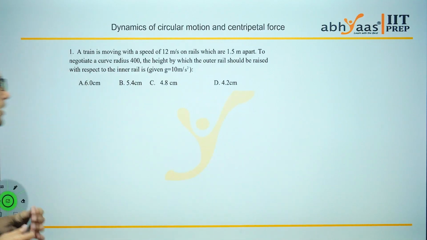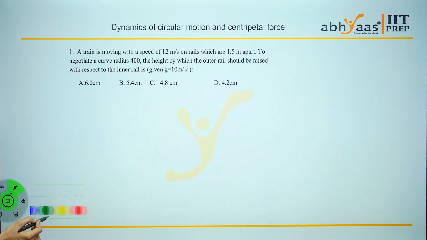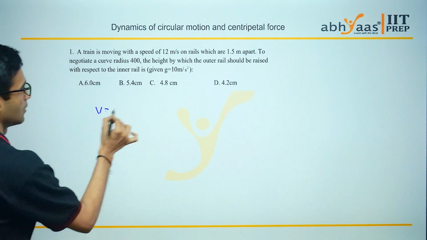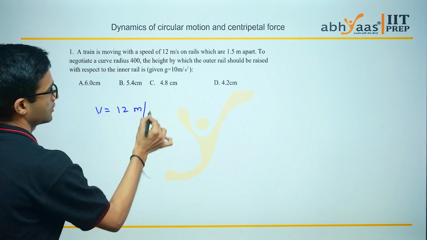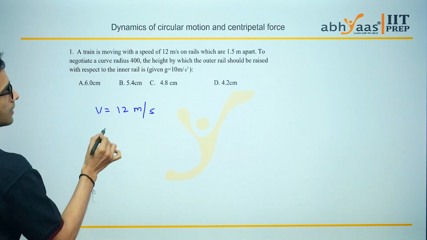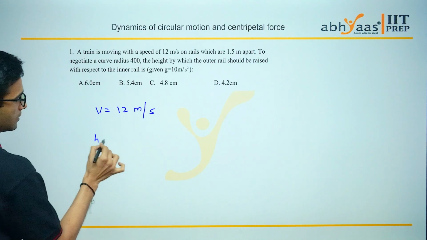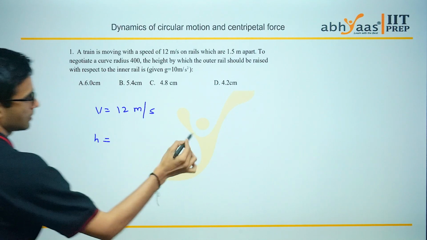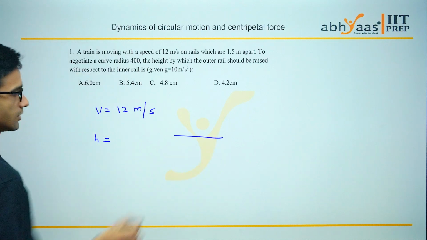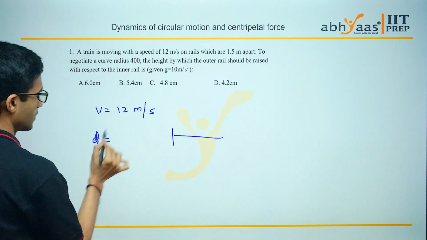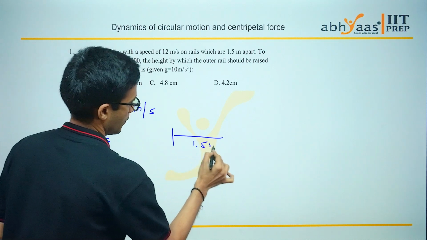Here in the first question, a train is moving with a speed of 12 meter per second. So V is given, 12 meter per second. The distance between the rails, if you consider D, is 1.5 meters.